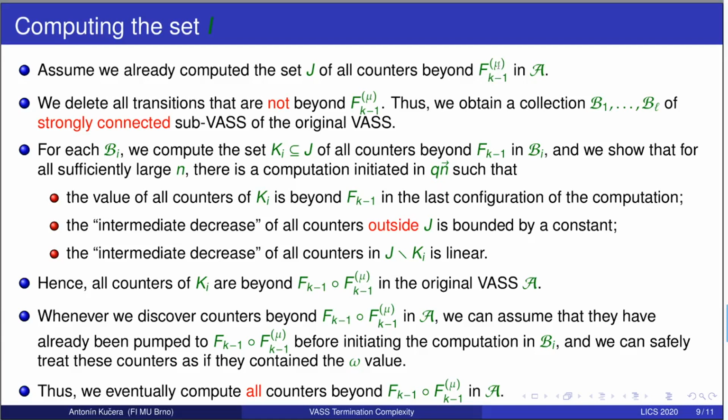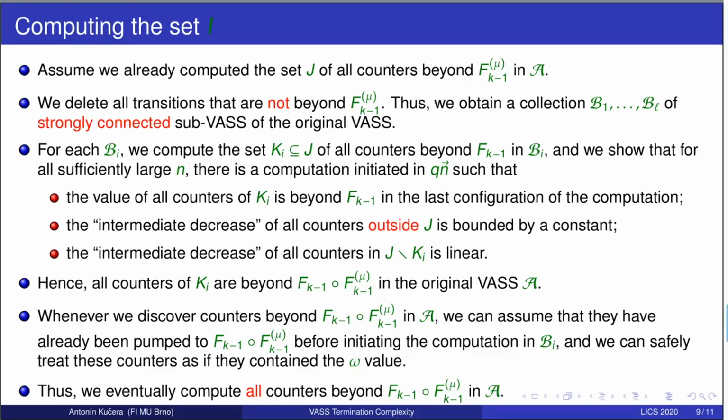What we do, we first pump all of the counters of J beyond fk minus 1 mu, and then, when they are large enough, we run one additional computation provided by this Bi in order to increase the counters of Ki even beyond fk minus 1 mu plus 1.